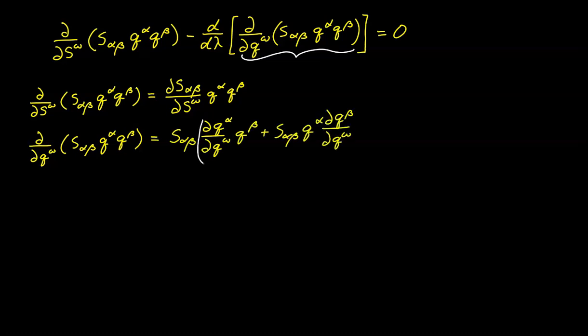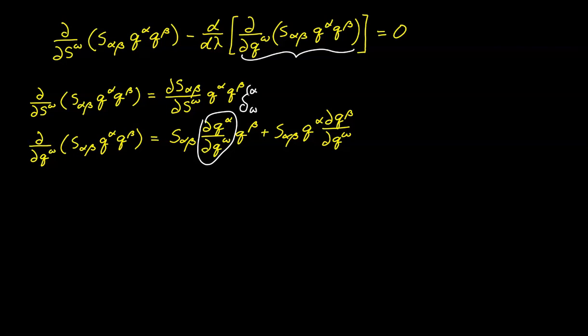Now take a look at this particular factor. Q is an independent variable, so anytime alpha and omega are the same value, this partial derivative is going to be equal to 1. But anytime alpha and omega are different, the partial is going to be equal to 0. Well, that's nothing but our delta factor. So this is the equivalent of delta alpha omega.